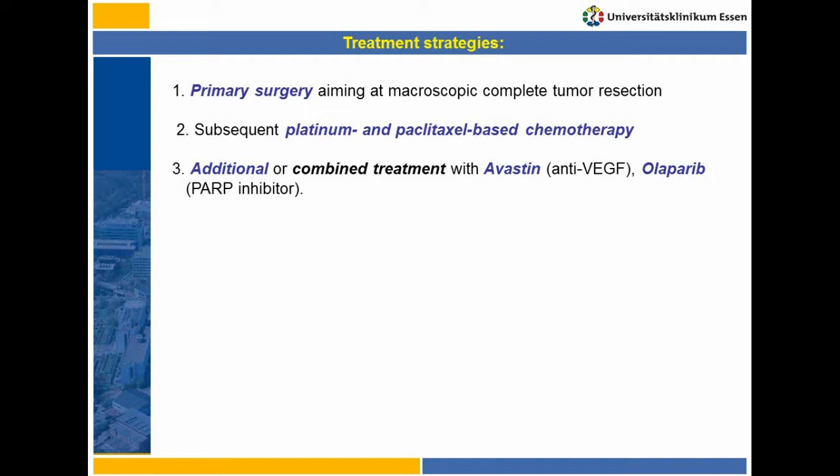Of course, there are a lot of ongoing studies. At the moment, patients are treated additionally or in a combined treatment setting with Avastin, so anti-angiogenesis, or with olaparib. This is a PARP inhibitor, but only patients with BRCA1 and 2 mutations benefit from this kind of therapy.